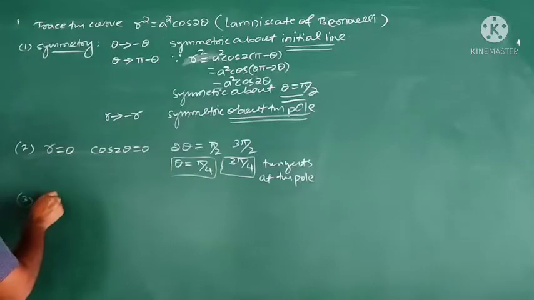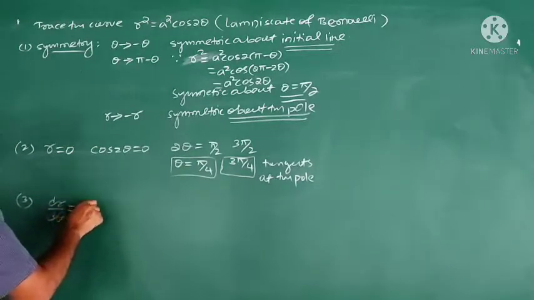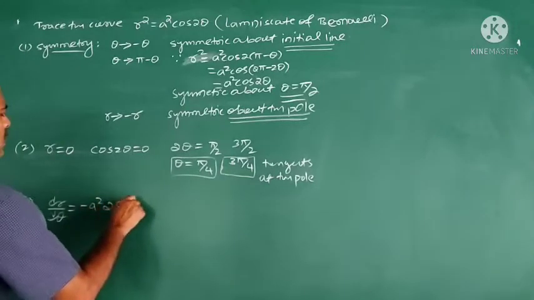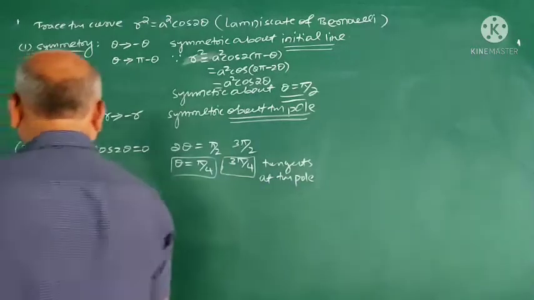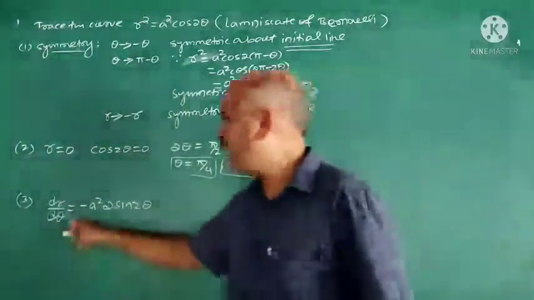Third one, we find the region here, or I find dr by d theta. It is minus a square cos 2 theta into 2 sin 2 theta.